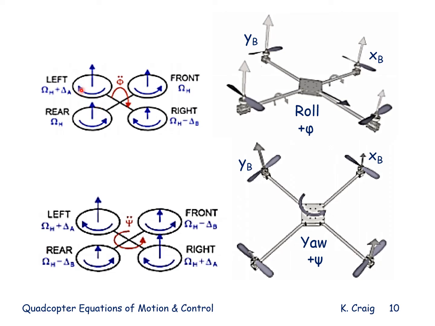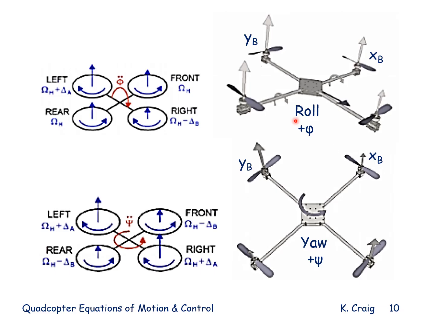Here we see motor 4's speed is increased with a positive delta. Motor 2's speed is decreased with a negative delta. This causes a positive angular acceleration of the roll angle phi.